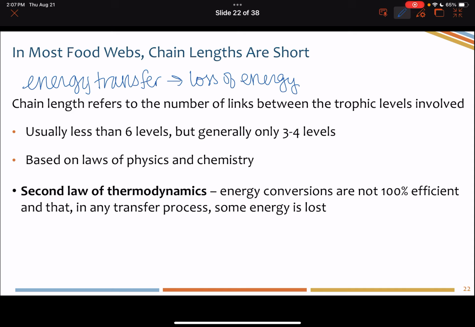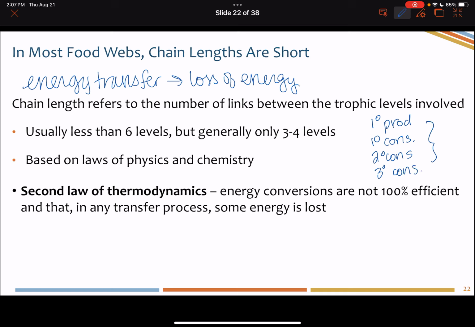So by the time we get up to our higher level carnivores, there's not a lot of energy that's left compared to the energy that was initially fixed by those primary producers. So our chain length is generally going to have 3 to 4 levels. If we go back and look at the food webs and food chains from previous slides, they have a primary producer, a primary consumer, secondary consumer, and tertiary consumer.